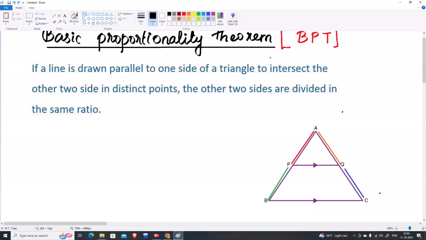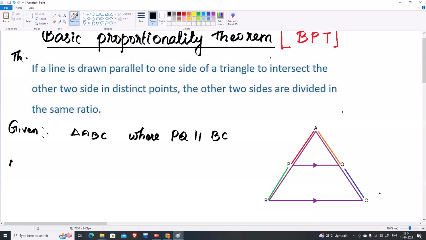So how do we prove that they are divided in the same ratio? For proving the theorem, first we have to write the statement clearly without mistakes, and then we write the given statements. In triangle ABC, PQ is parallel to BC is given.